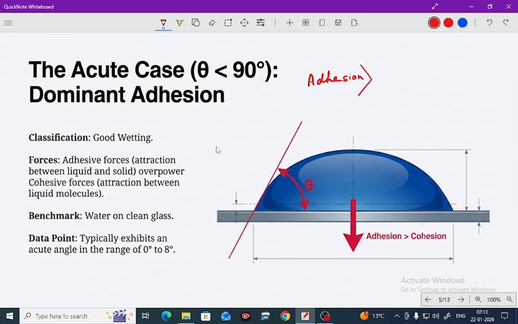Cohesion is the force among the same type molecules. Suppose this is water. So the attraction between the water molecules and water molecules is known as cohesion. And suppose this is glass. So the attraction between the molecules of glass and water is known as adhesion.